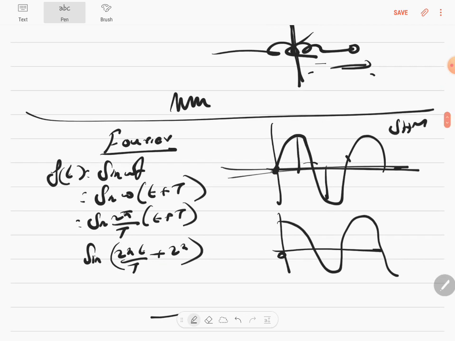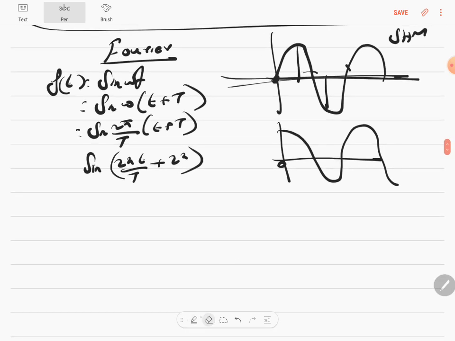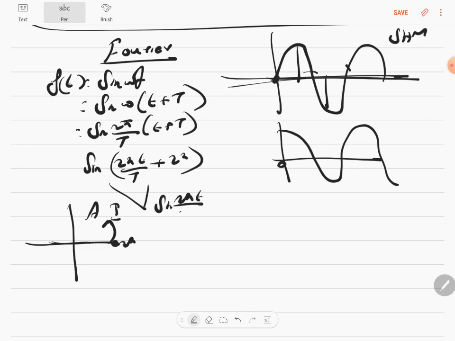A 2 pi plus will be in the first quadrant in trigonometry, where all is positive, and it's also an even integral multiple. Therefore it will remain sine 2 pi t by capital T, which is nothing but sine omega t. The function remains unchanged even though I added a time period capital T to it. I am retaining the same function, therefore this is a periodic function, and it's also simple harmonic in nature.